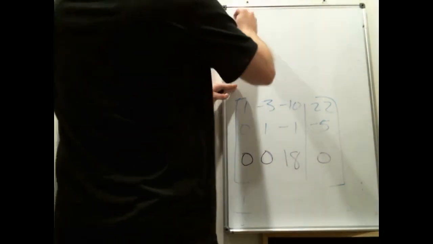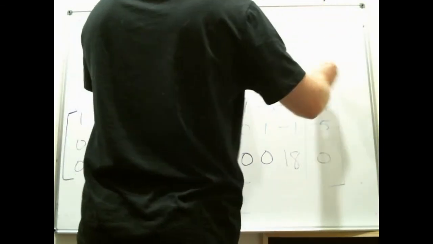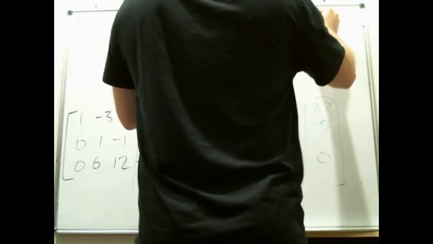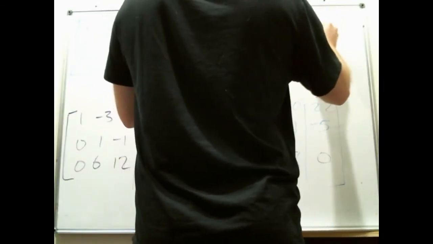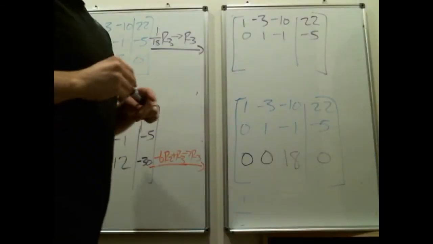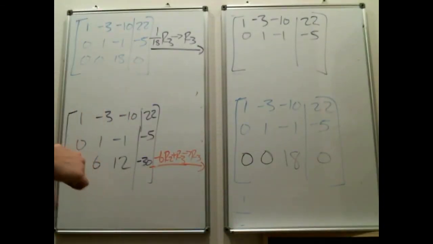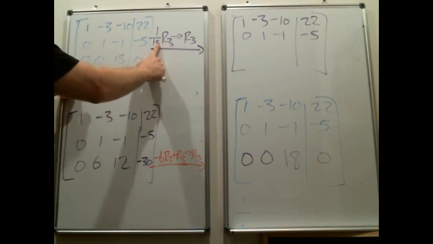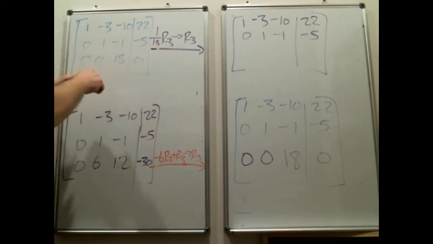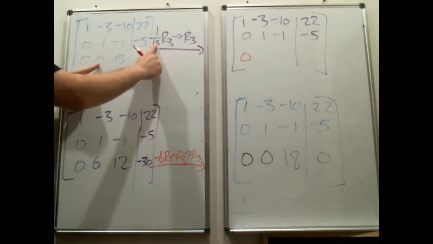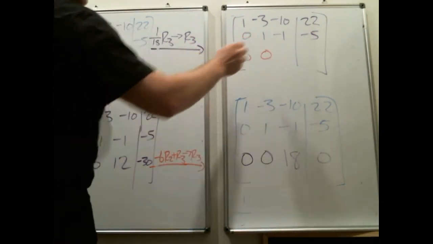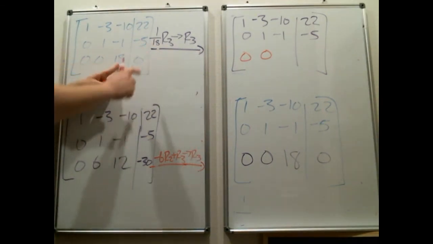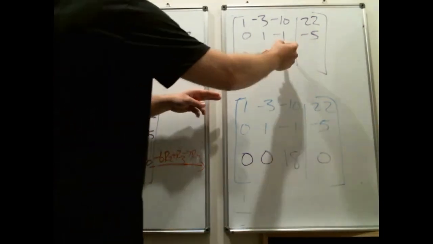Alright. So let's write what's not changing, which are rows 1 and 2. And now multiplying every entry in row 3 by 1/18. 1/18 times 0 is 0, so that doesn't change. 1/18 times 0 is 0, so we didn't change any work we've already done. 1/18 times 18, which means 18 divided by 18, that's 1.